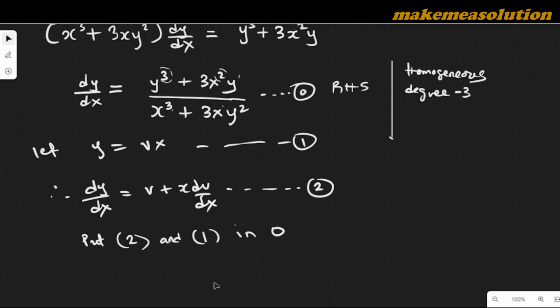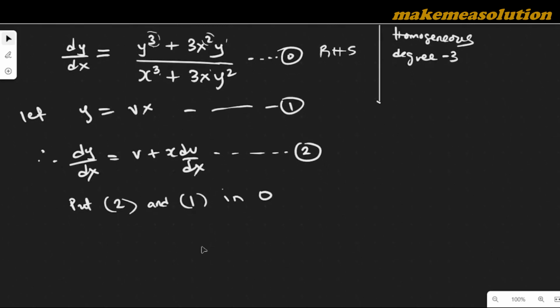Now here's what we're going to do. Watch me carefully. I'm going to show you a trick when you're substituting 2 and 1 in 0. This is equation 0 over here, for the record. Anywhere we see dy/dx, I'm going to replace it with v plus x dv/dx.